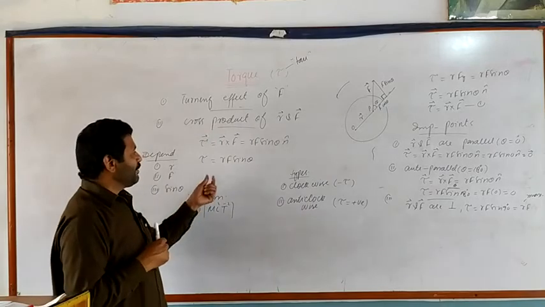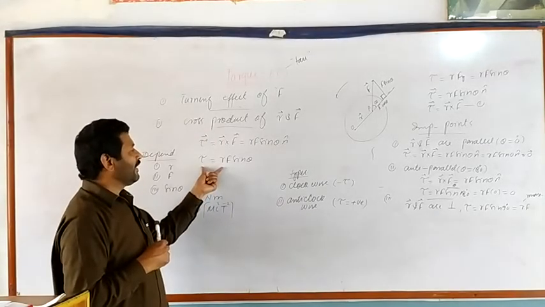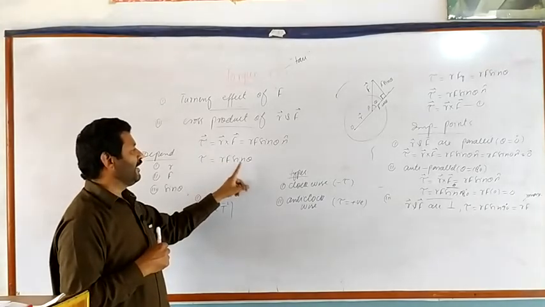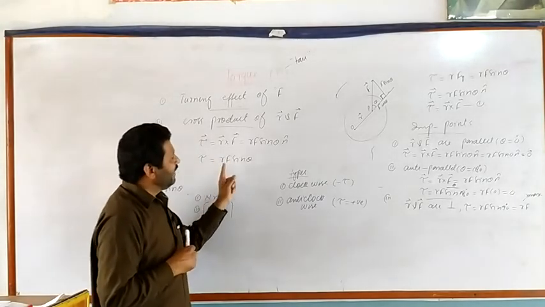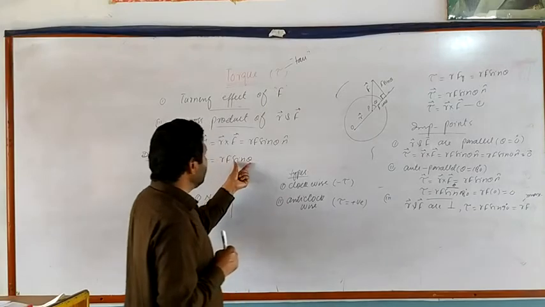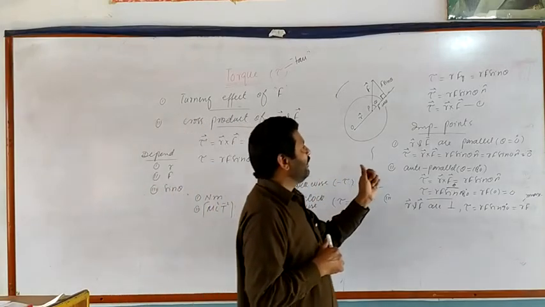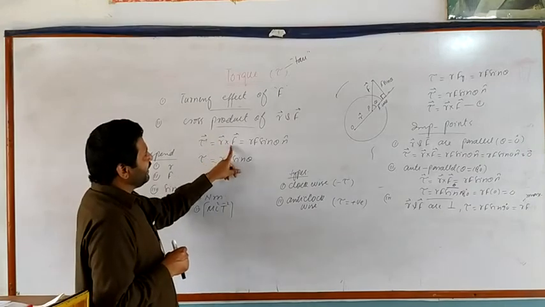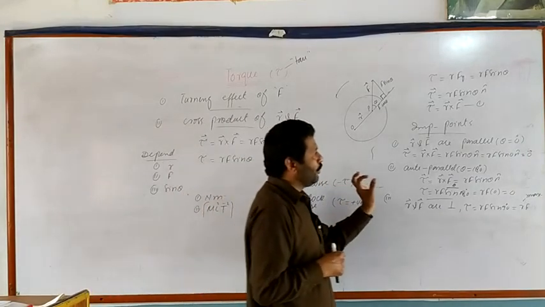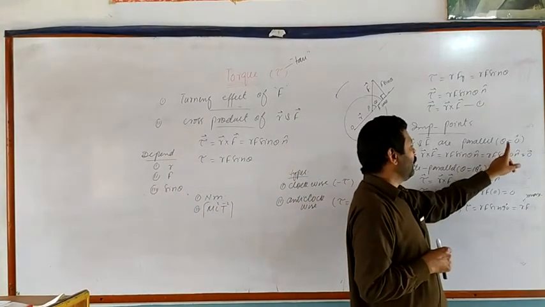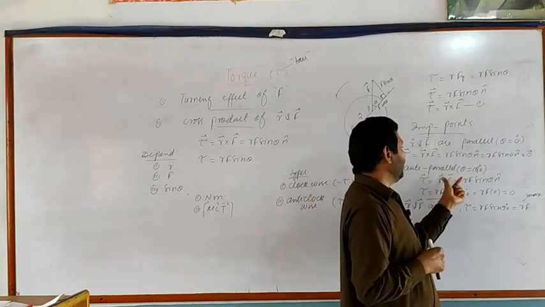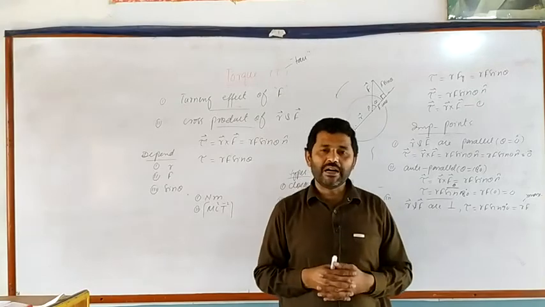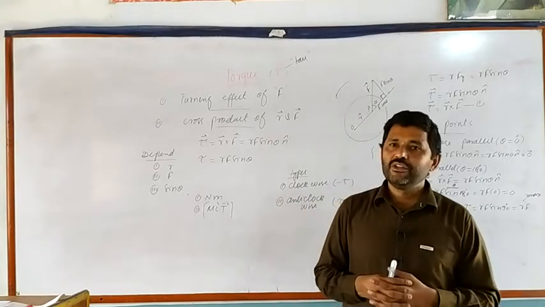As is clear from this equation, the value of torque depends on the value of r and f and sin theta. When the angle between vector r and vector f is 0 or 180, meaning parallel and anti-parallel, the line of action of force passes through the pivot.